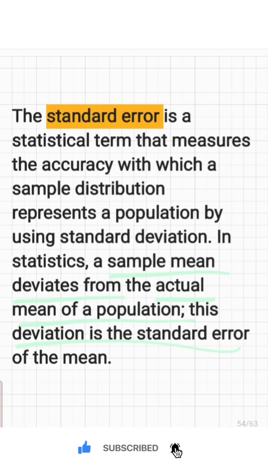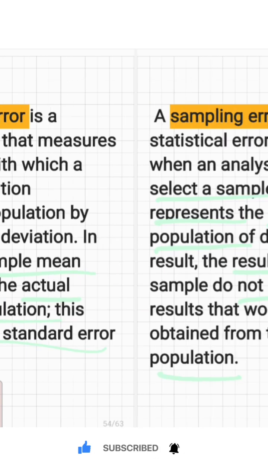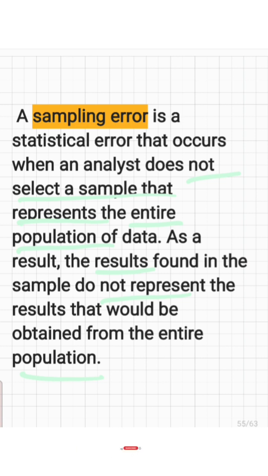And standard error is a statistical term that measures the accuracy with which a sample distribution represents a population by using standard deviation. It is how a sample mean deviates from the actual mean of the population, and this deviation is called the standard error of the mean. And sampling error means that if we do not select a sample that represents the entire population of data, then this particular sample does not represent the population, so it leads to sampling error.